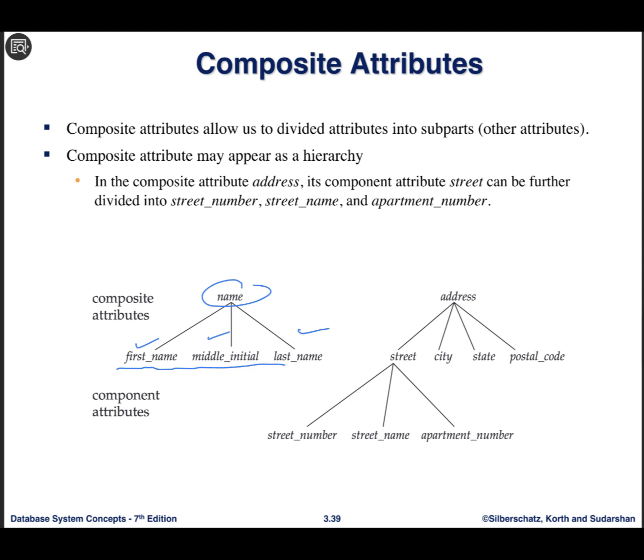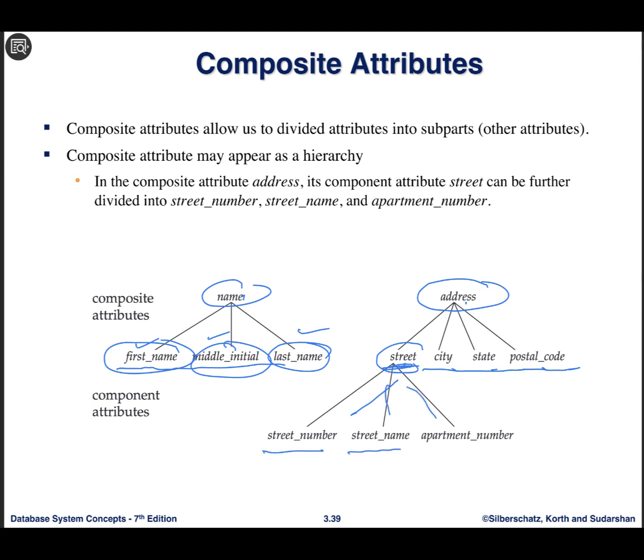We call these the components of the composite attribute. Sometimes a component can be decomposed further, like another composite attribute. So the address can be street, city, state, postal code, zip code. Then the street itself can be decomposed into street number, street name, and apartment number, etc.